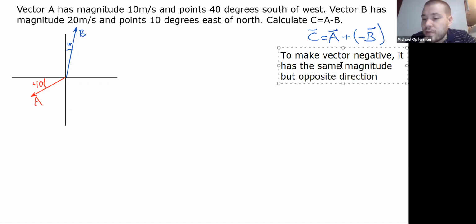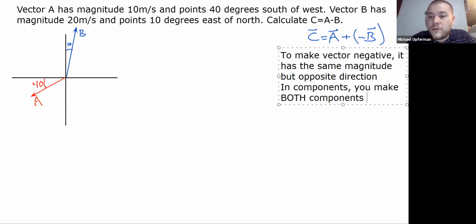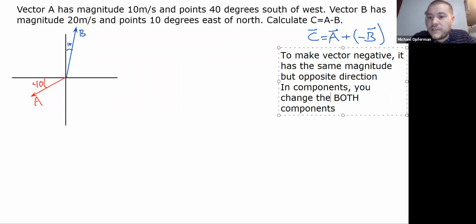So you leave the length of the vector alone and basically just flip it around so that the arrow is on the other side of the vector. Or in component form, you change the sign of both components of that vector, and that will make the vector negative as well.